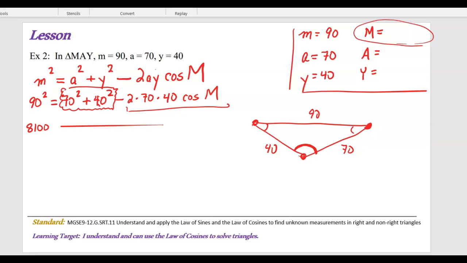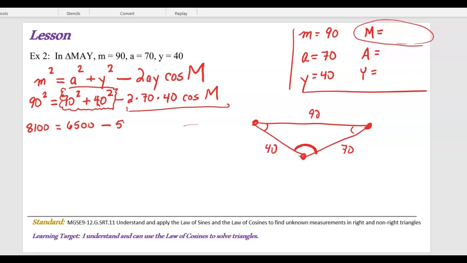And then go ahead and find 70 squared plus 40 squared, right? So that's going to be 6500. And then minus, go ahead and find 2 times 70 times 40. 5600.